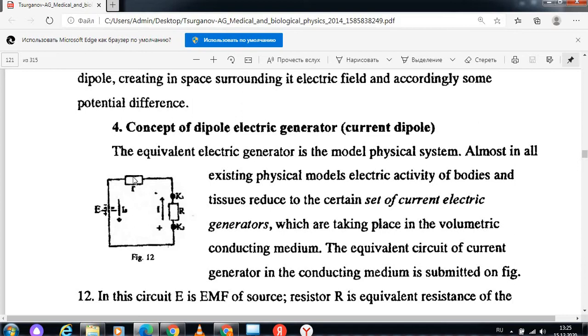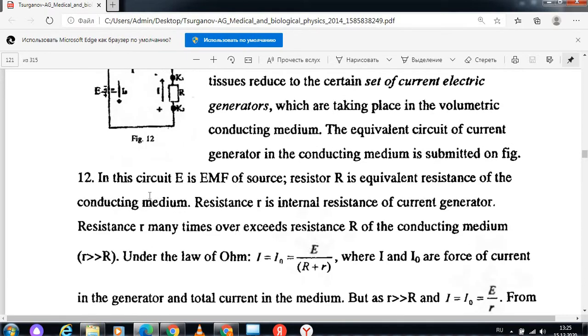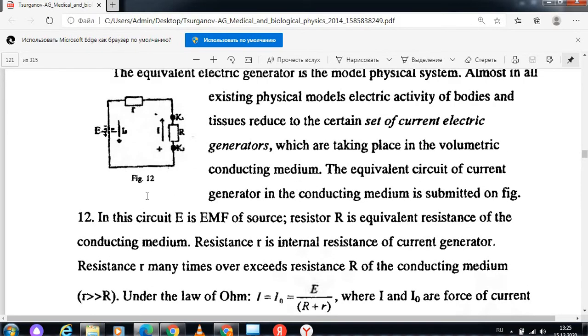The resistors here are big R, which is the resistance of the conducting medium, and little r, the internal resistance of the current generator. Resistance r many times exceeds resistance R of the conducting medium, so r little is much bigger than R big.